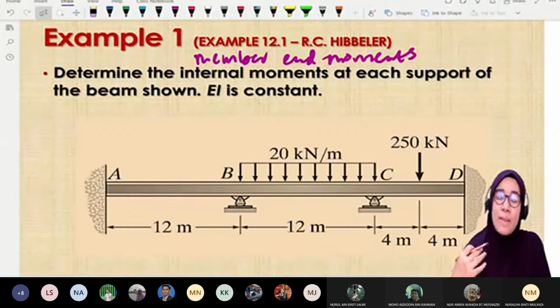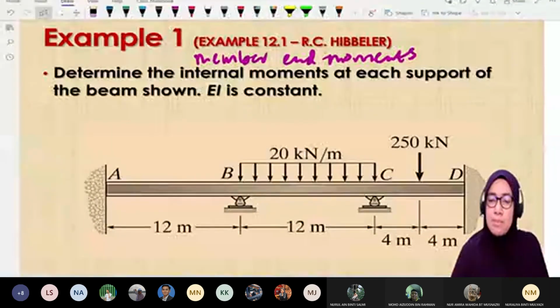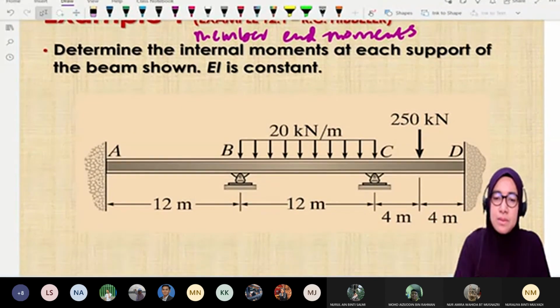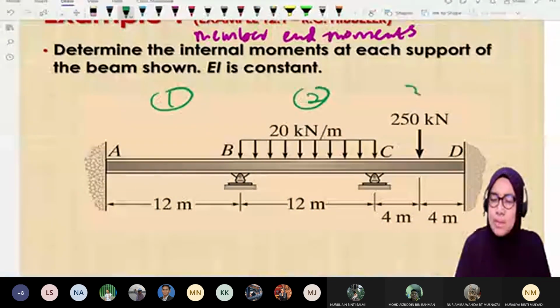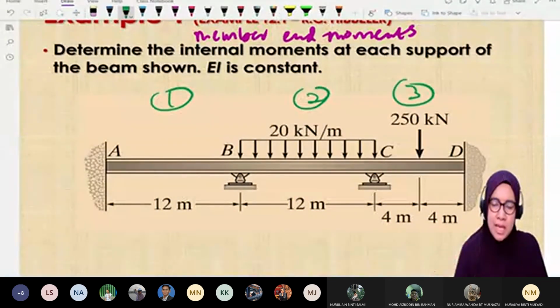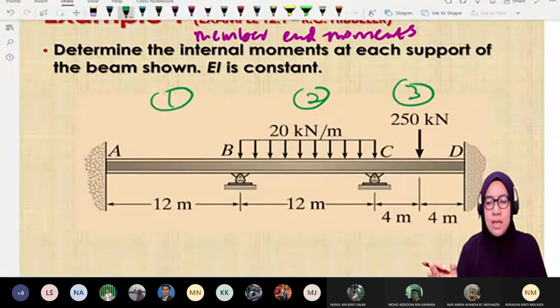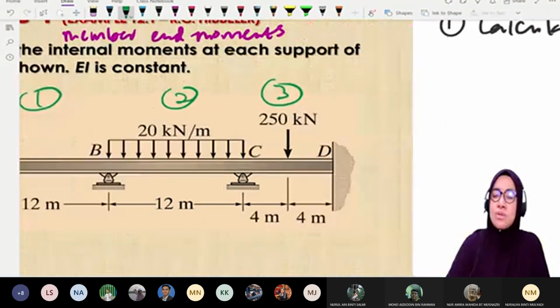How many members? 3 members. This is member number 1, member number 2, member number 3. So we will have 3 K: KAB, KBC, KCD.